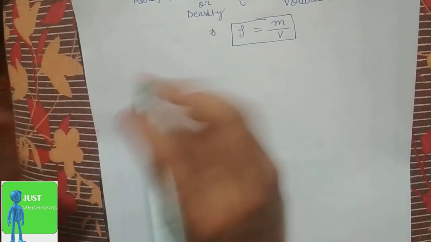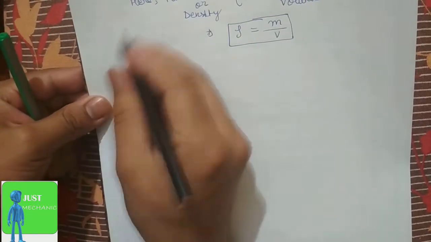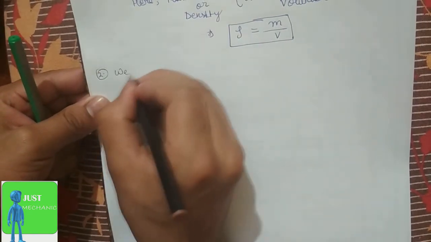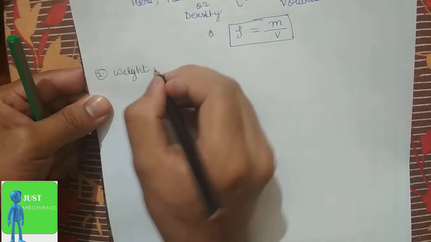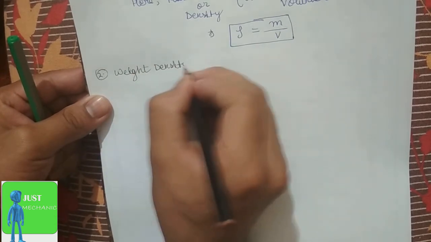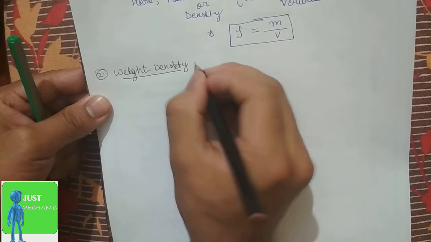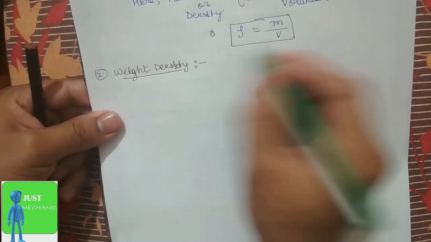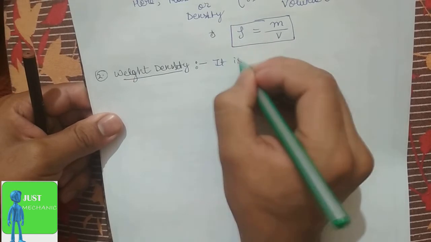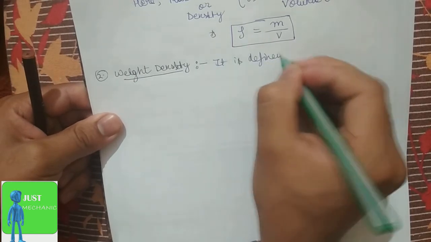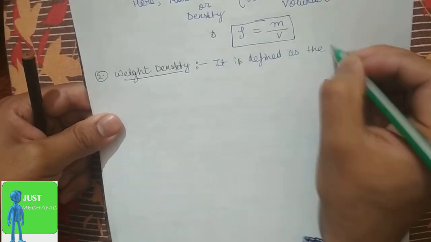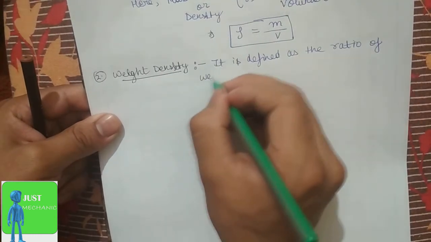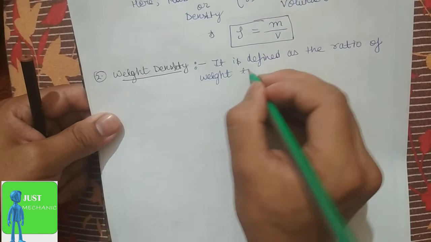The second property we have to study is weight density. Weight density is defined as the ratio of weight to the volume.